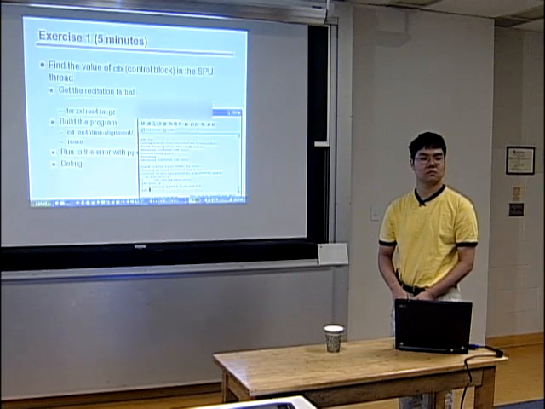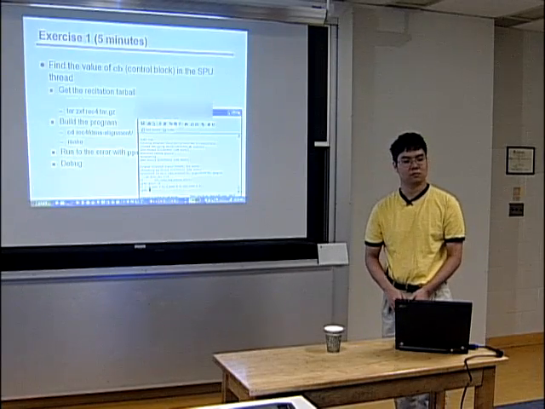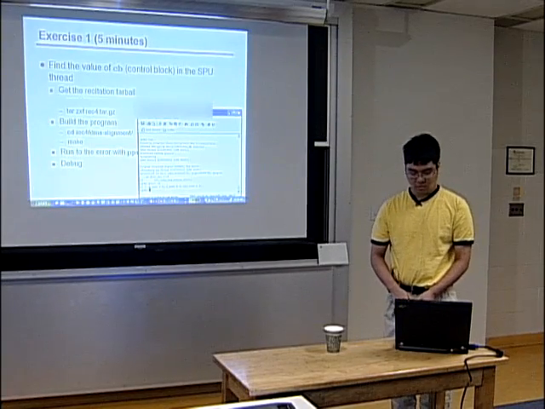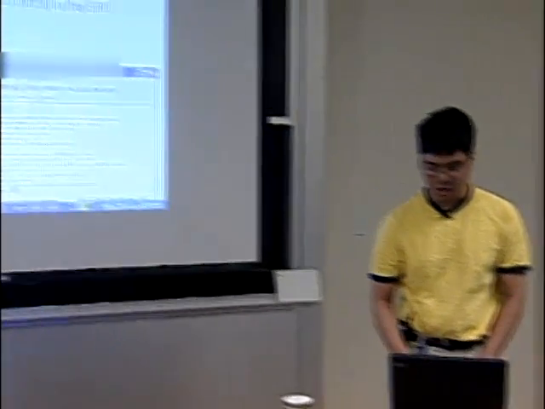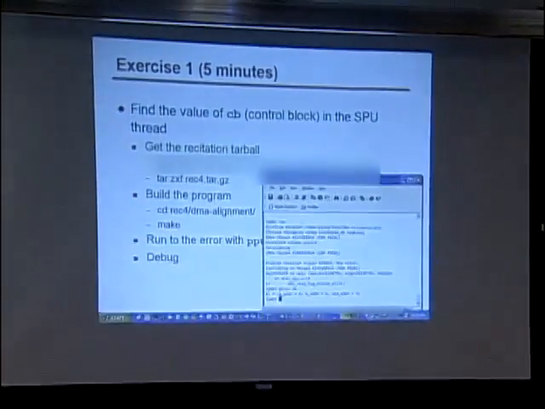Okay. How do you evaluate anything again? You can evaluate an expression using print. Okay. Any questions? All right, so all I did here was run, and then the program crashes.